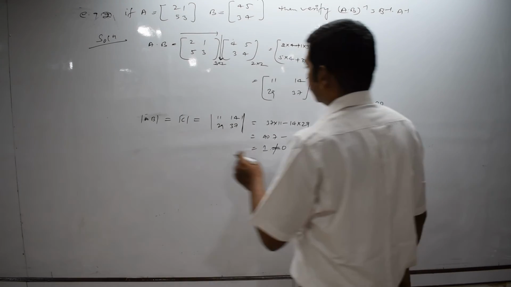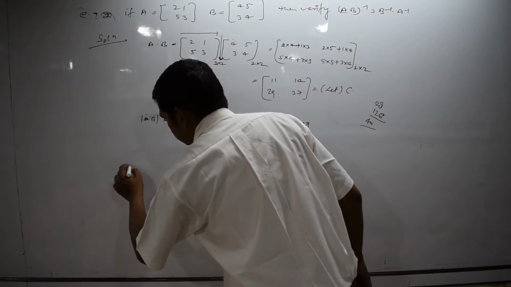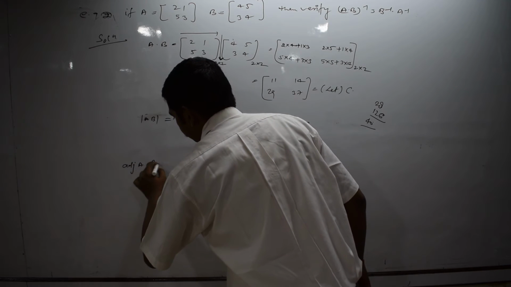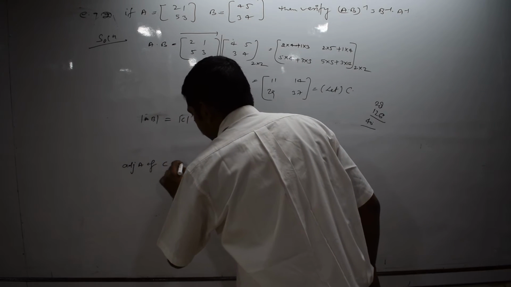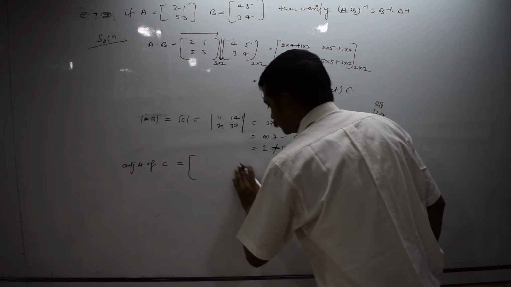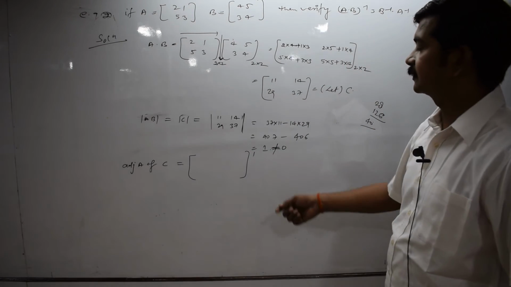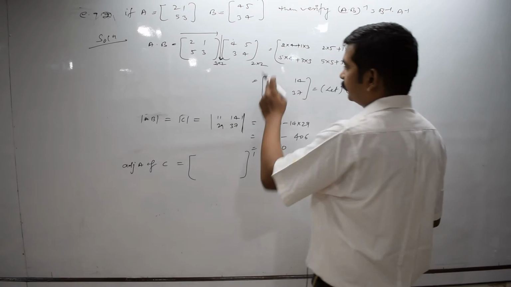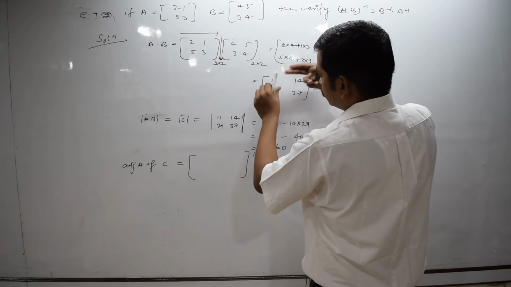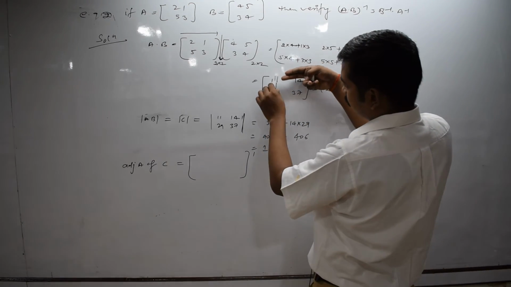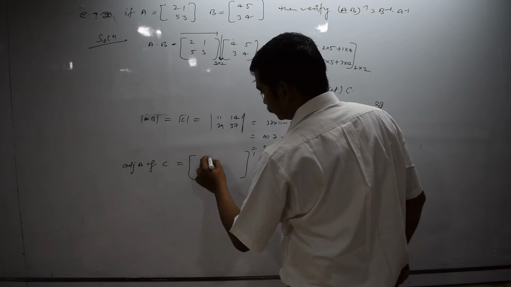Now we want to find the inverse, so the adjoint of C. This will be the transpose of the cofactor matrix of C. Now we take the cofactor matrix. First, with respect to 11, this will be 37.